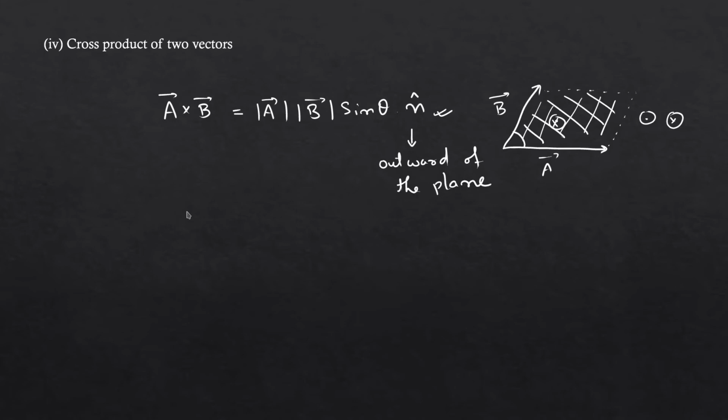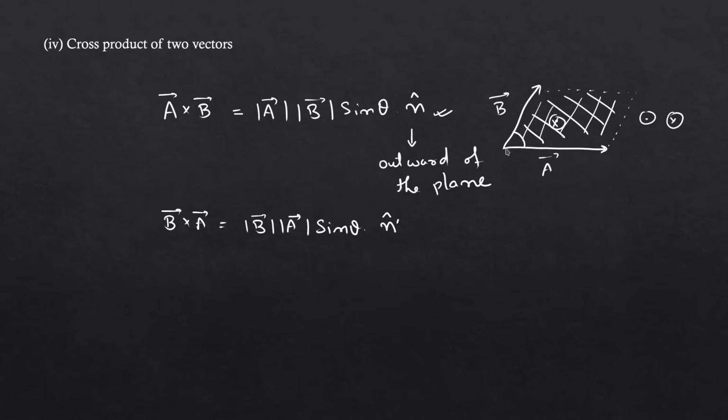Now if somebody asks to calculate B cross A, it will be B A sin theta into n cap prime. Why prime? Because this will not be the same as n cap. Why? Let's see.